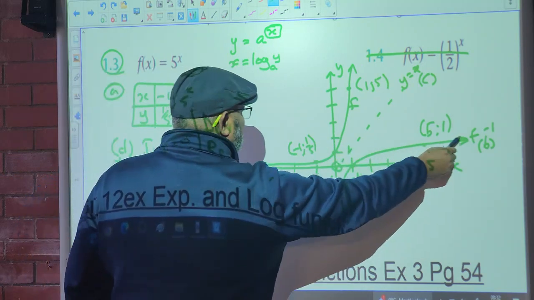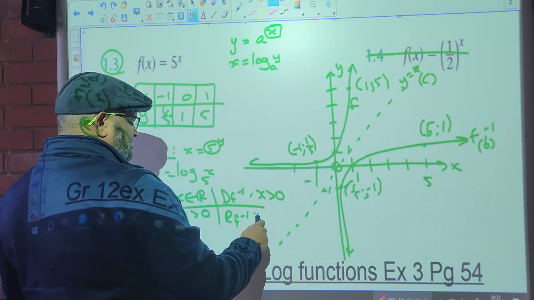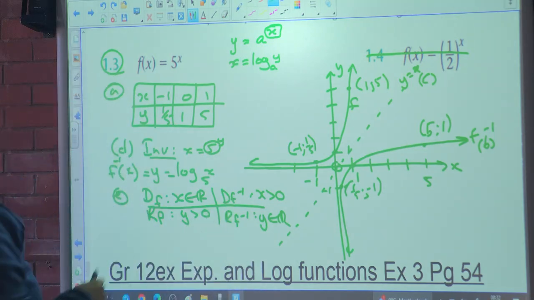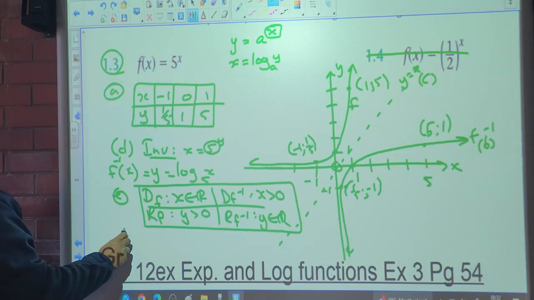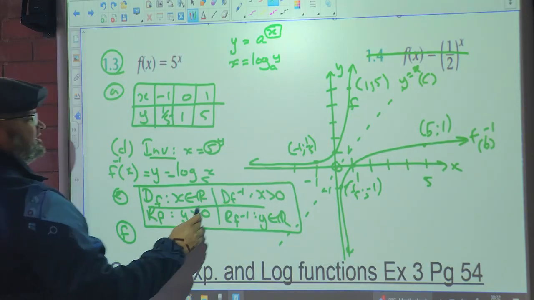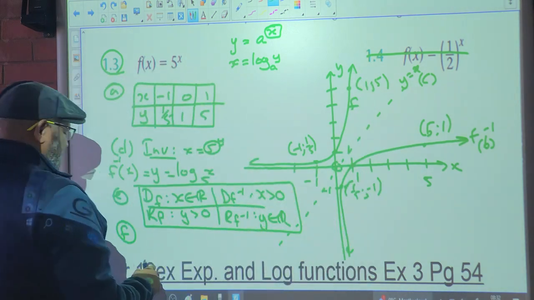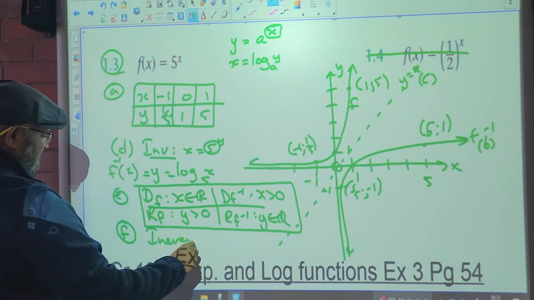Yes. That's going up, goes all the way to infinity. So y is an element of R. As you can see, again it's the interchanging. F, is this graph increasing or decreasing? Because as x increases, this graph is increasing. So f and its inverse are increasing.